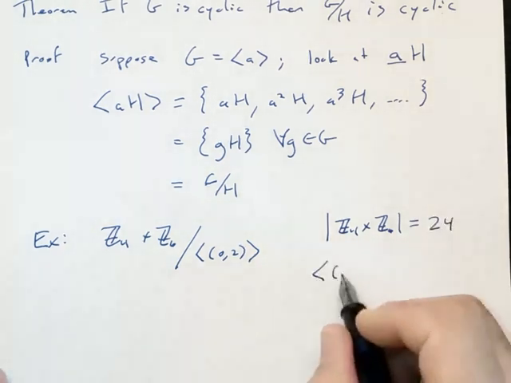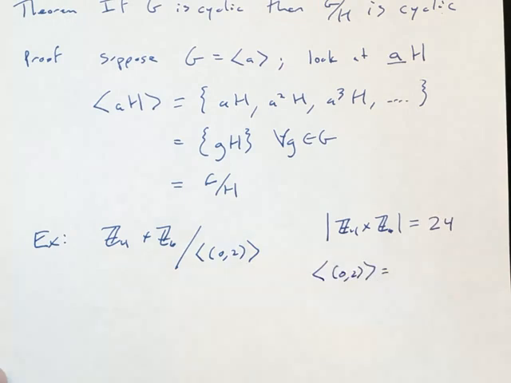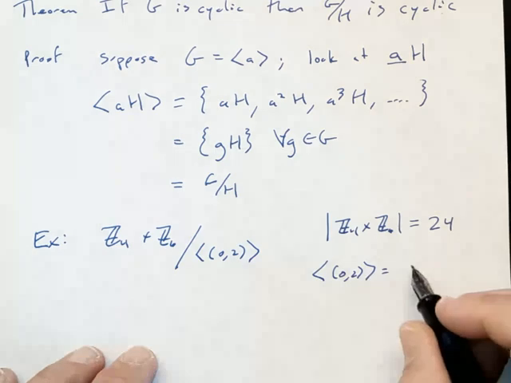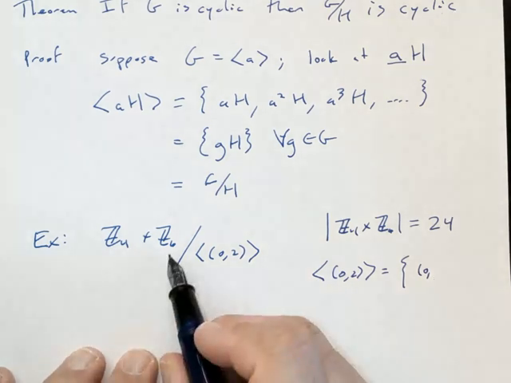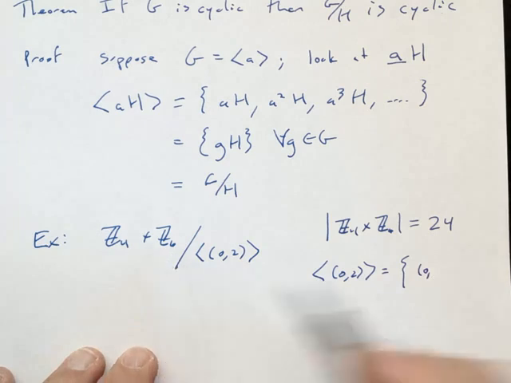What is the subgroup generated by (0, 2)? All the multiples of 2. Wouldn't it be like (0, 0), and then (0, 2), (0, 4)? Stop. This second coordinate is only in Z6. Yeah, (0, 0), (0, 2), (0, 4).